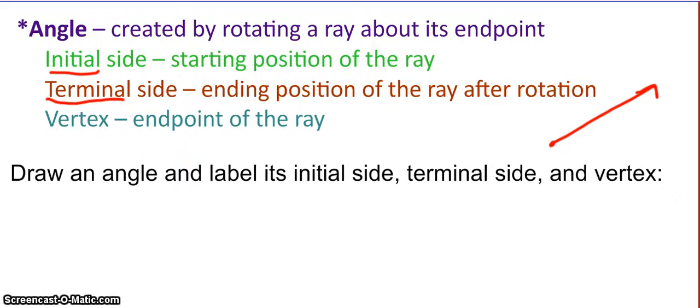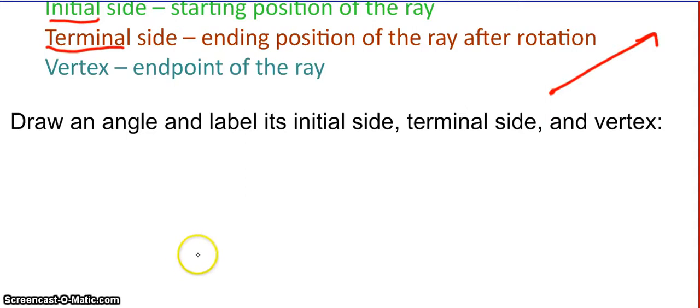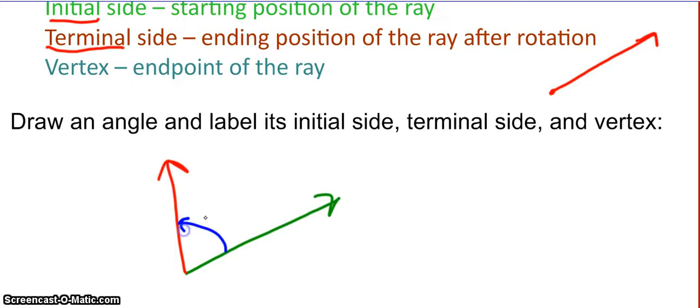So if we draw an angle, I can say this is my initial side, and then we're going to have some side here where this is the rotation, so that's my angle theta.